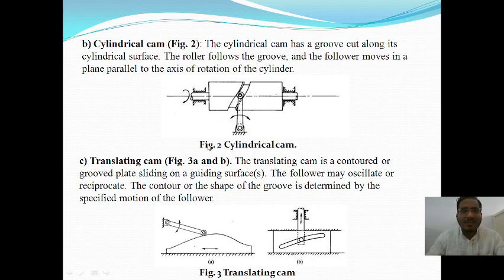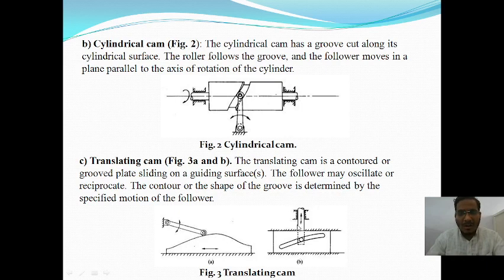Okay. The next one is the translating cam. In the translating cam, we are seeing two different diagrams for the translating cam mechanism. Here is a contour or groove plate, a sliding or guiding surface. It means the follower will move on the surface of the cam by the sliding or guiding surface.